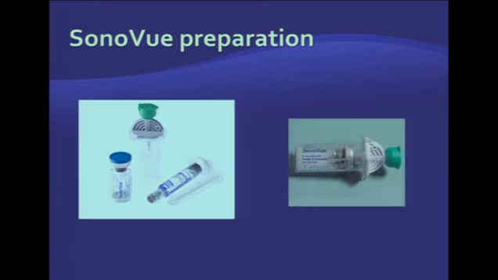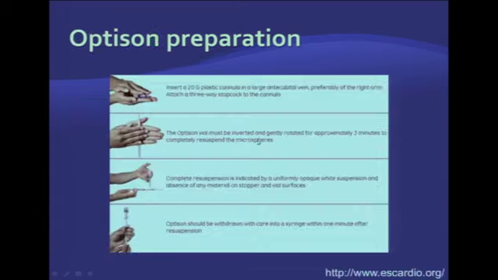Lumason is supplied differently. It comes as a dry powder of microbubbles. It comes in a kit with a pre-filled 5 ml syringe, which is used to reconstitute Lumason microbubbles through a specially provided pin. This pin prevents bursting of the microbubbles while transferring them from the vial back into the syringe.